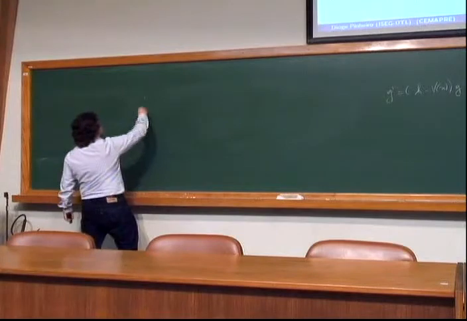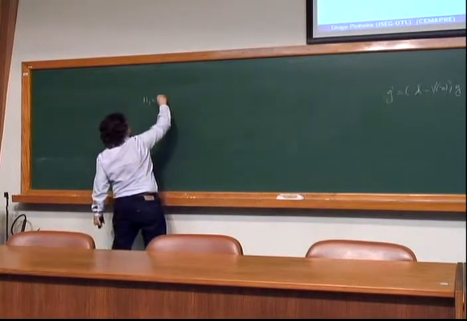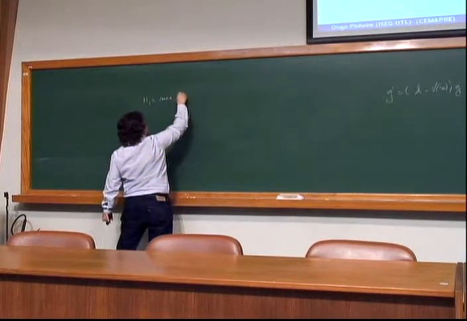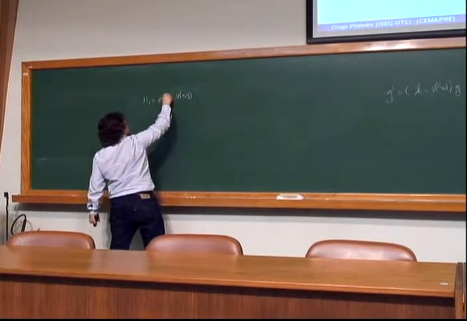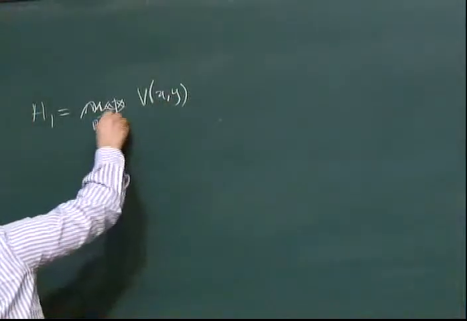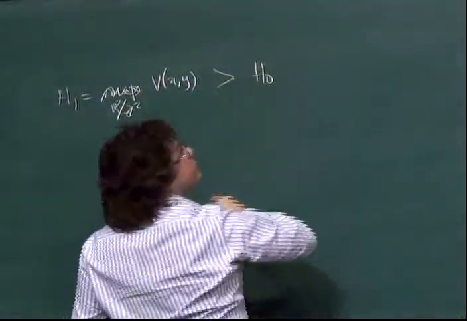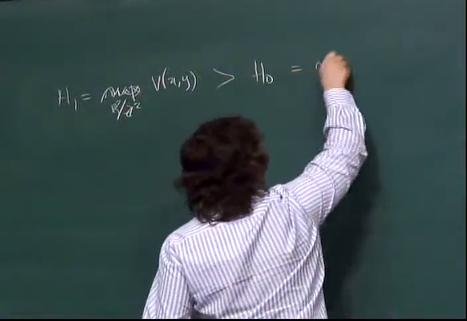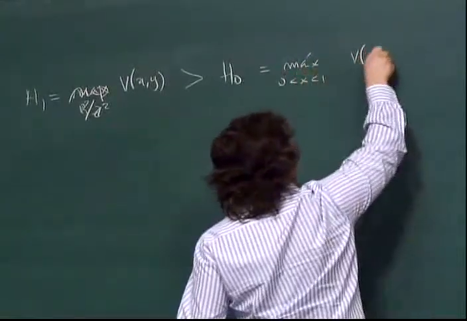So let's now define H1 as the maximum of Vxy on a given cell of R2 over Z2, and this is larger than H0, which is the maximum of Vx0 where x is between 0 and 1.